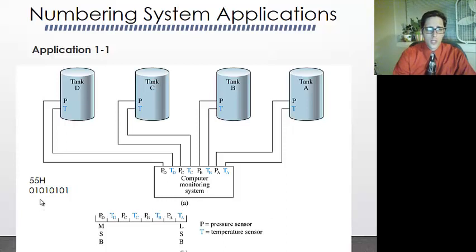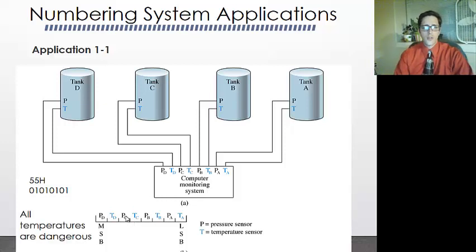So if we look at it right here, if you have a 1, 0, 1, 0, 1, 0, 1, that means the temperature all the way through is the sensor that's high. And so that's why we know that all temperatures in this are dangerous. So that might be something that you would look into, is being able to convert these types of signals to represent a more important safety or concern.